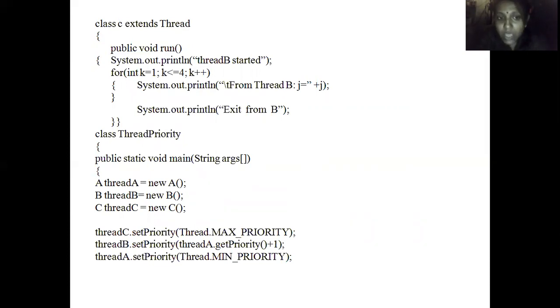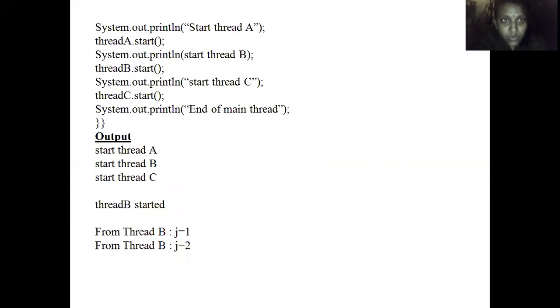Thread B has a priority which is one more than the priority of thread A, and thread A has the minimum priority. Suppose that is 1, then thread B has priority 2 and thread C has the maximum priority. Then we call the start method on thread A, thread B, and thread C.